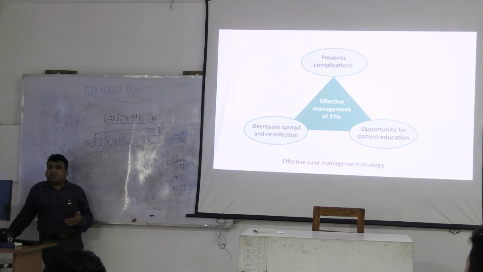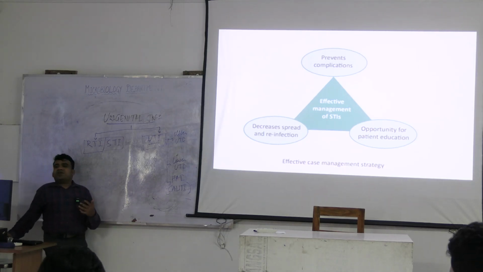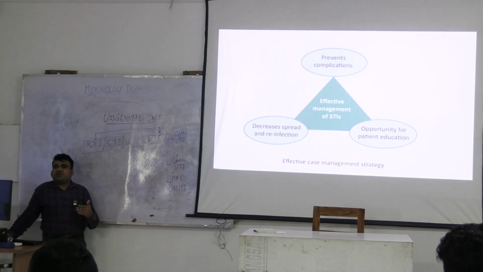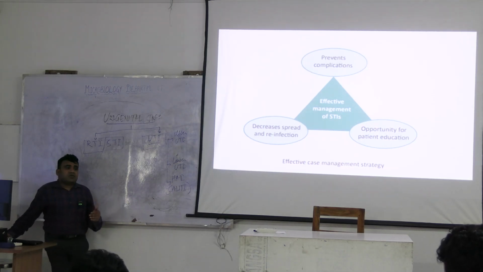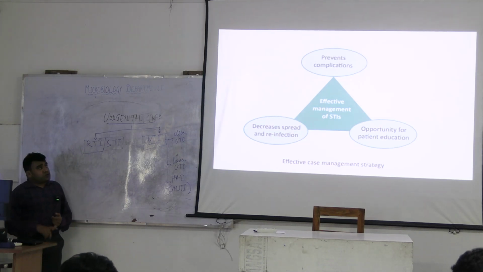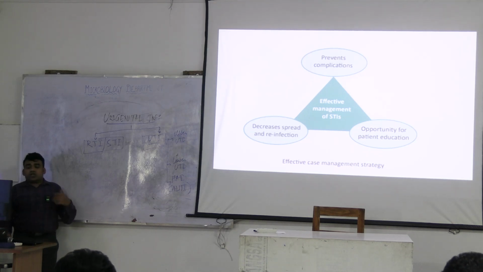So very rarely the patient will come to the doctor, and even if he or she comes to the doctor, it is very unlikely, even if you advise some kind of testing, that they will go through the testing process because of the stigma. So this is why it is important. You must be able to diagnose early to prevent complications. You must educate the patient about the disease so that the spread of the disease can be halted.